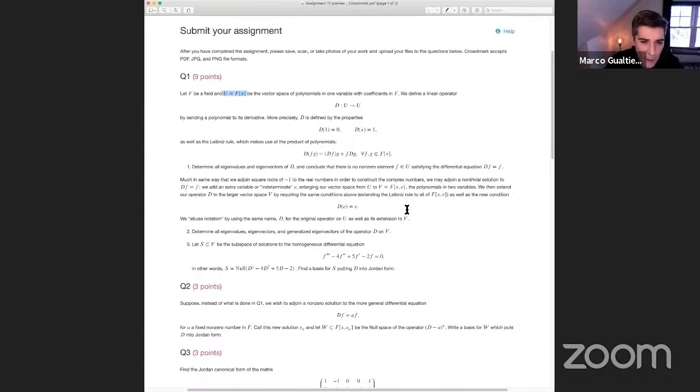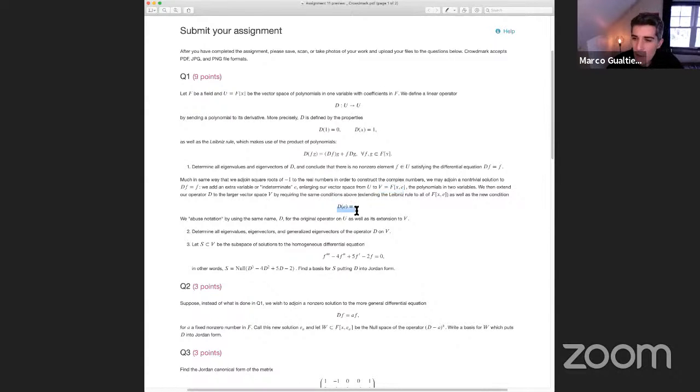I know how D acts on x, and on f of x, but I need to tell how it acts on E. That's where we impose this condition: D is extended to this larger vector space by defining its value on E to be just E itself.